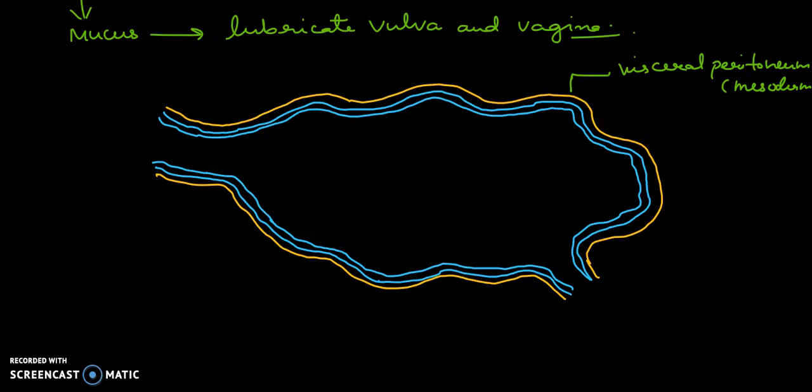This is the second layer, innermost to the visceral peritoneum, the germinal epithelium layer.